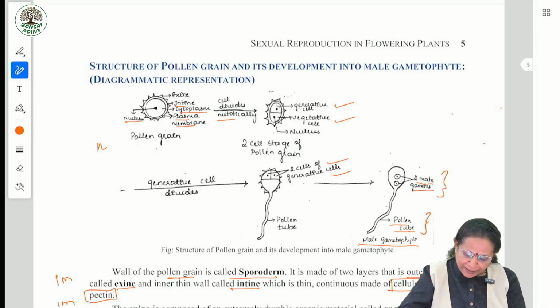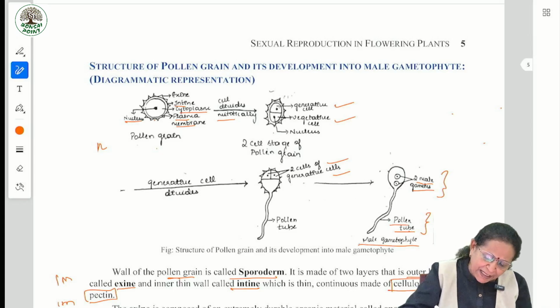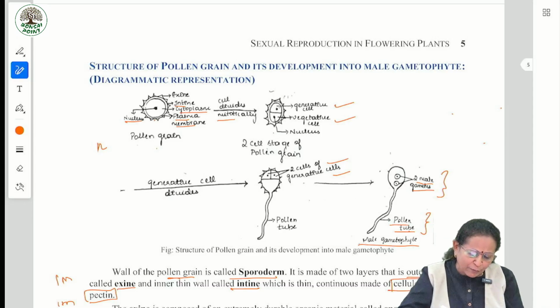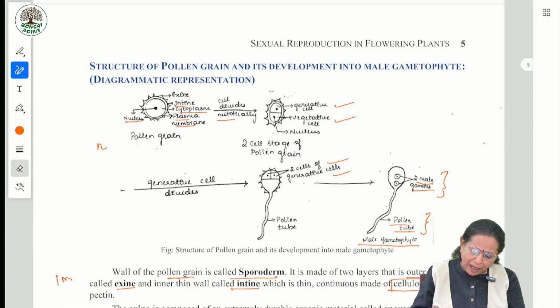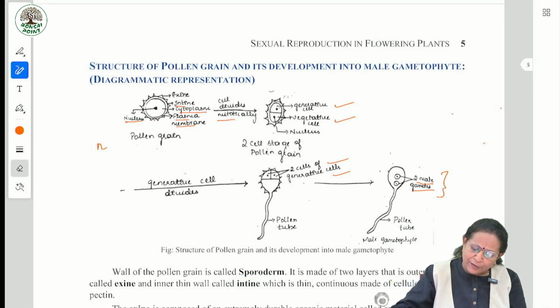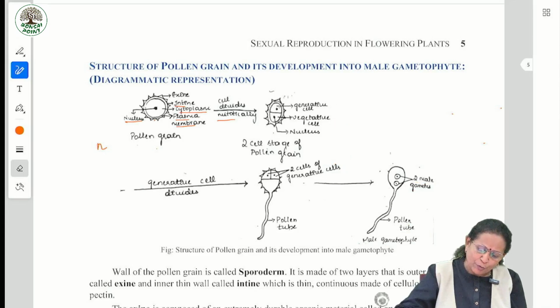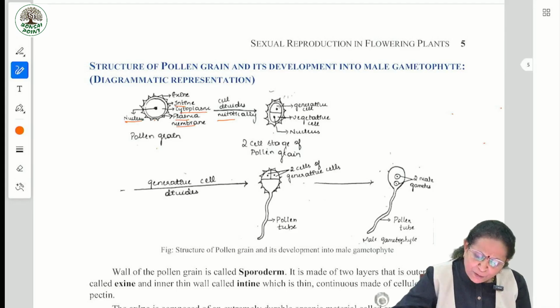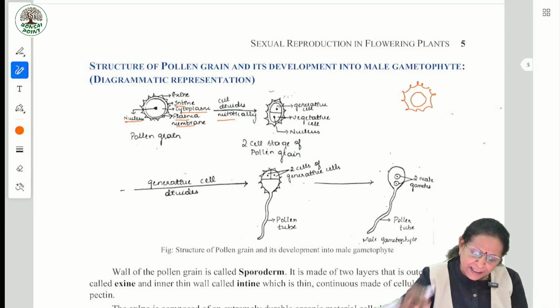Structure of the pollen grain, which develops into the male gametophyte. Each pollen grain has an outer wall which is called exine and an inner wall which is called intine. The outer wall is rough and it is made of a substance called sporopollenin. Whereas the inner wall is smooth and we call that intine.